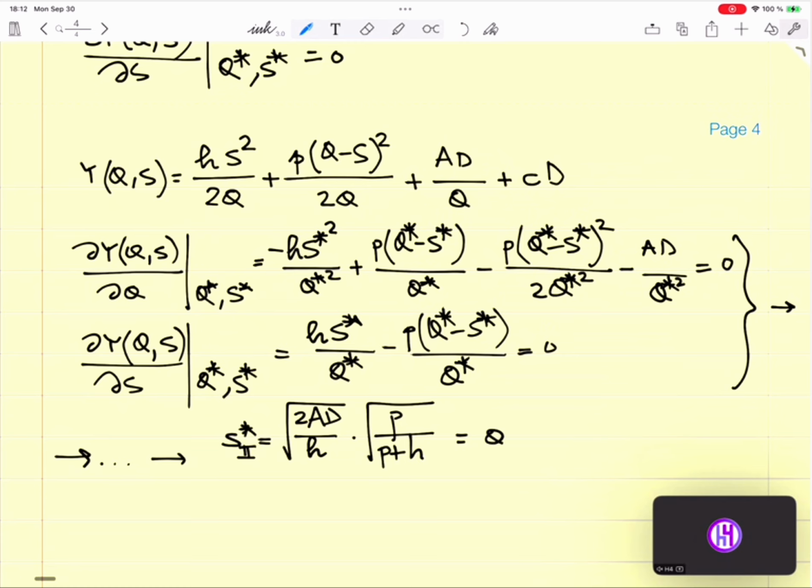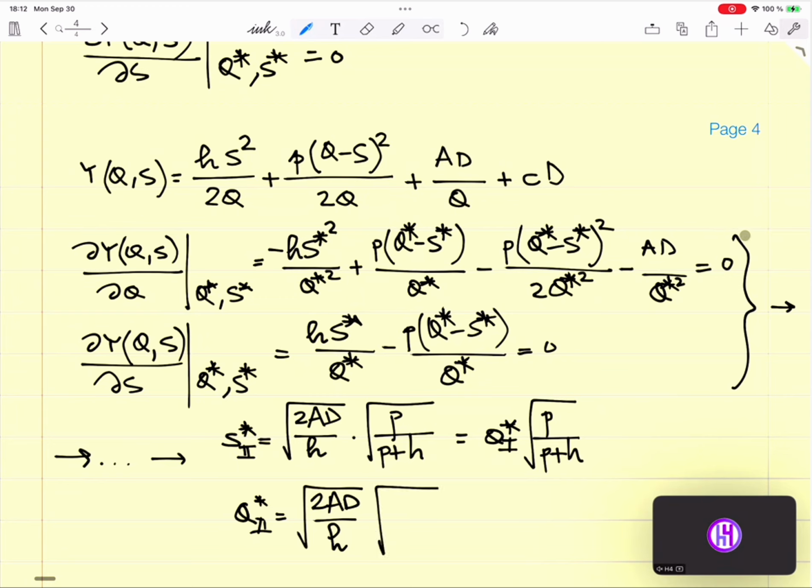And the optimal order quantity is again the square root of 2AD divided by H, times (P plus H) divided by P, meaning this is the economic order quantity.